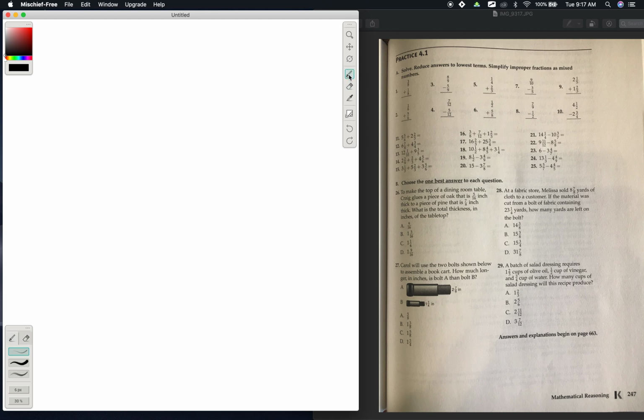So, 5 and 2 over 3, plus 5 and 5 over 6, otherwise known as 5 and 5/6, plus 2.